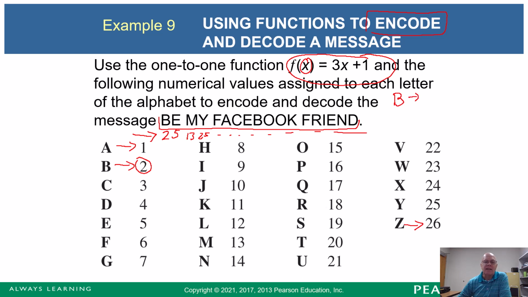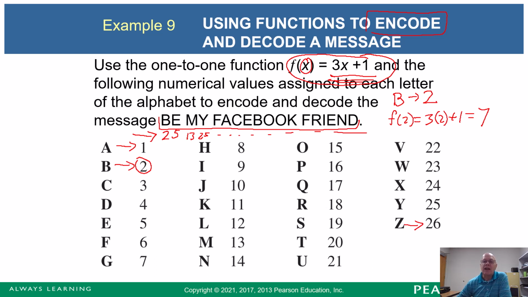First of all, that's the second letter of the alphabet, but we don't want anyone between us and our friend to know that. So we take f of 2, notice what the function is up here. For f of 2, we're going to take 3 times that 2, add 1, and that gives us a 7. Now, someone looking at the 7 in between you and your friend will look at that and say, 7? Hey, that's a G? I'm not sure what the dickens it is.